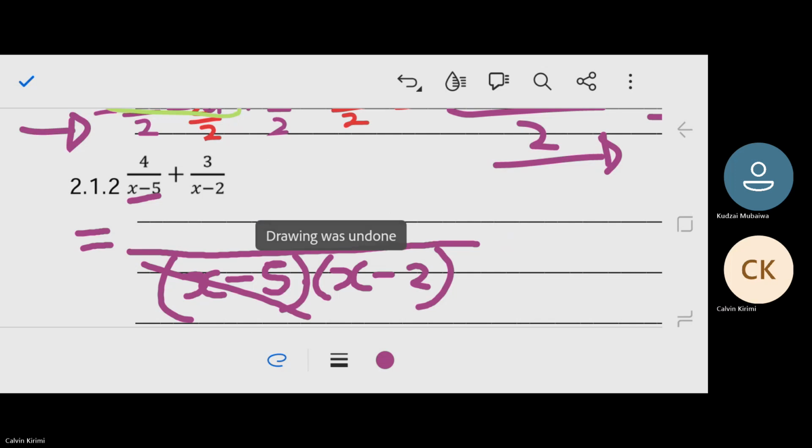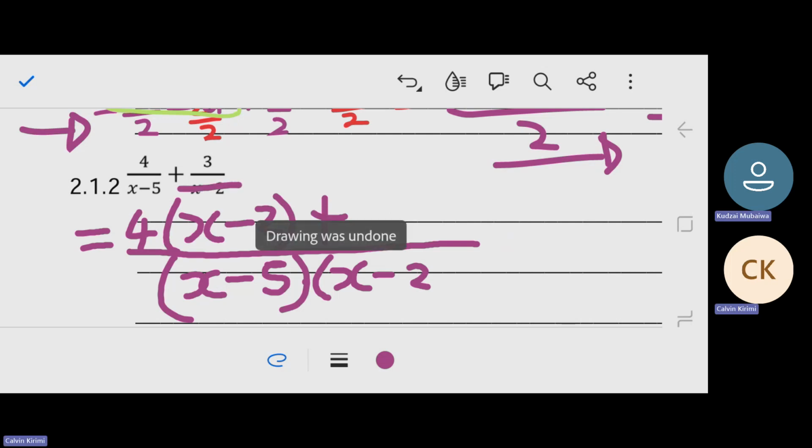Then what are you left with on the numerator? 4 bracket x minus 2. Then plus stays where it is. This denominator will cancel with that denominator. Can you see? Yes, sir.